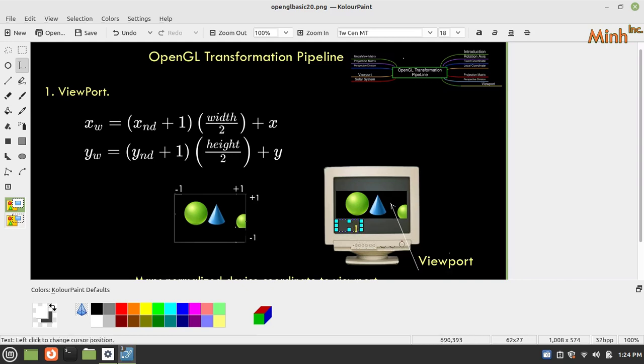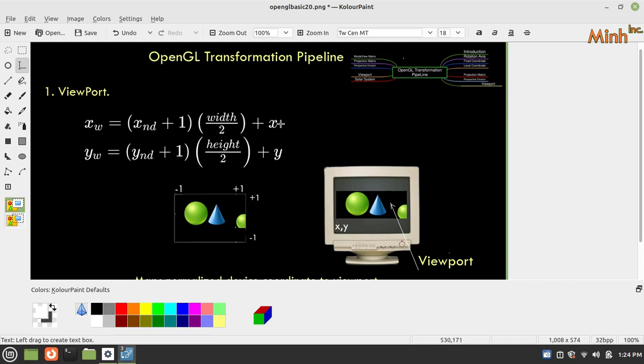So this is x and y, that is the bottom left position. So in OpenGL, the origin is in this direction, not like a typical windowing system where the origin is top left. The origin is bottom left. So this is x and y.